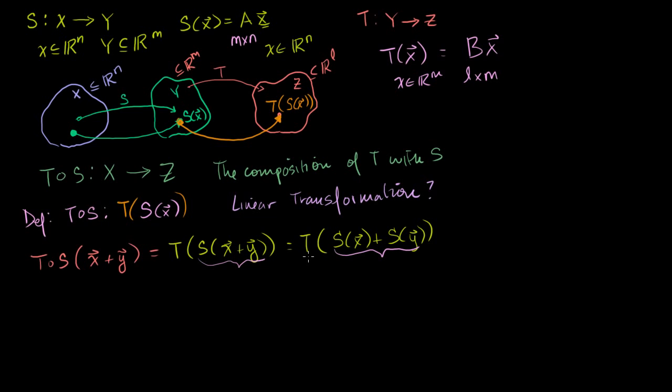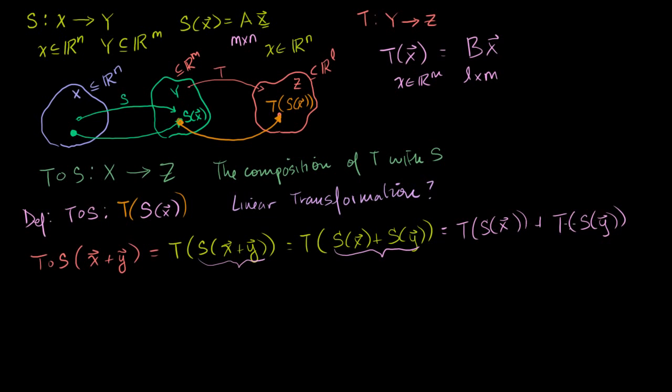Well, we also know that t is a linear transformation, which means that the transformation applied to the sum of two vectors is equal to the transformation of each of the vectors summed up. So it's t applied to s of x, plus t of s of y. I know the terminology is getting confused. We can do this because we know that t is a linear transformation.